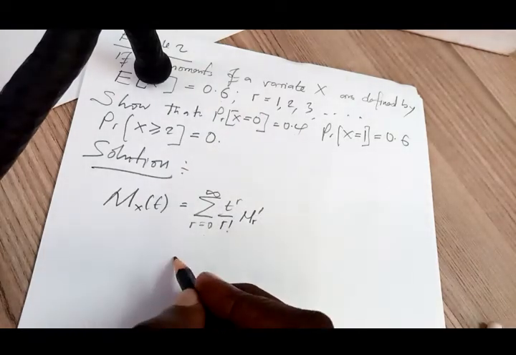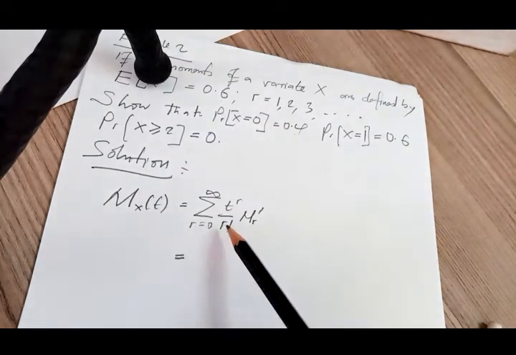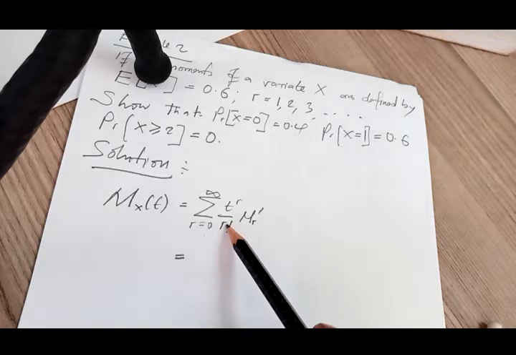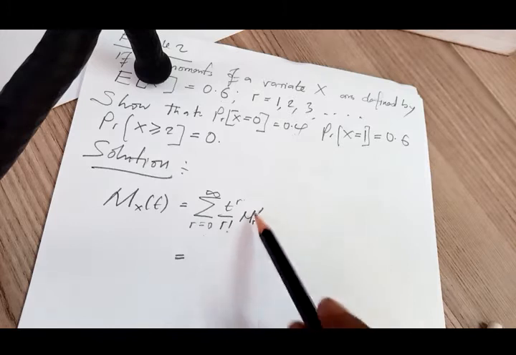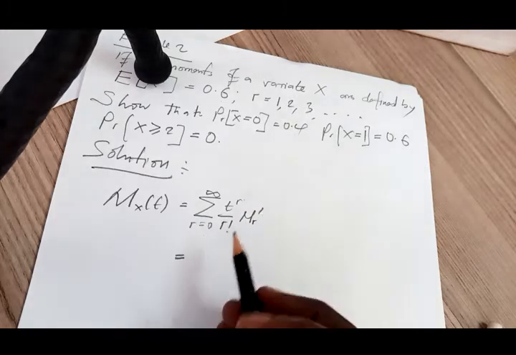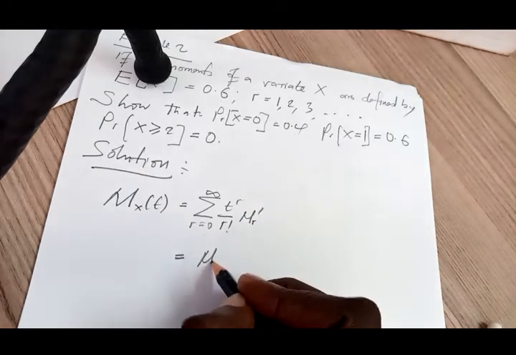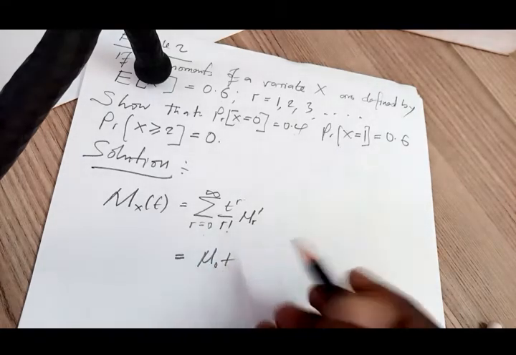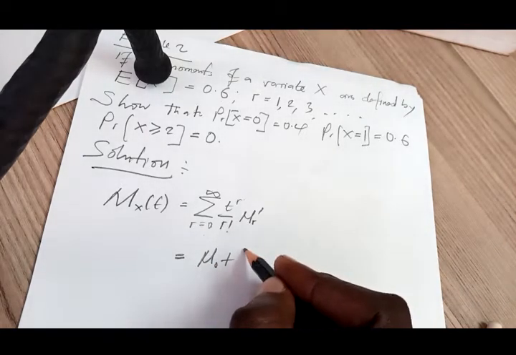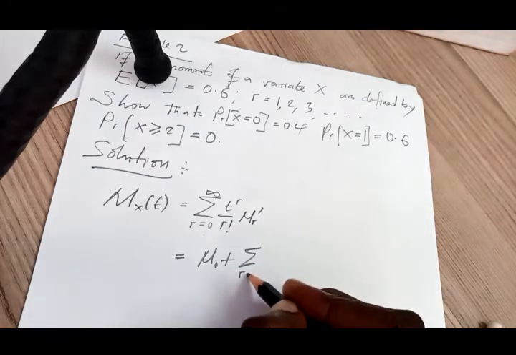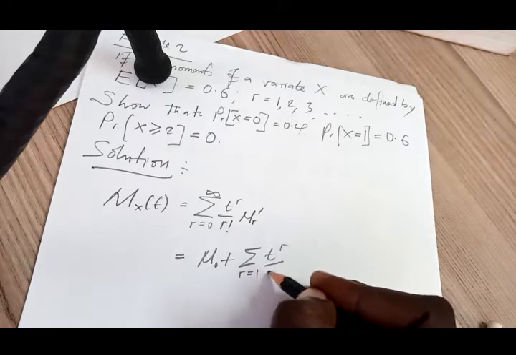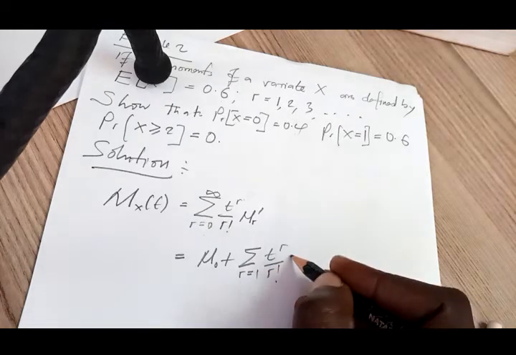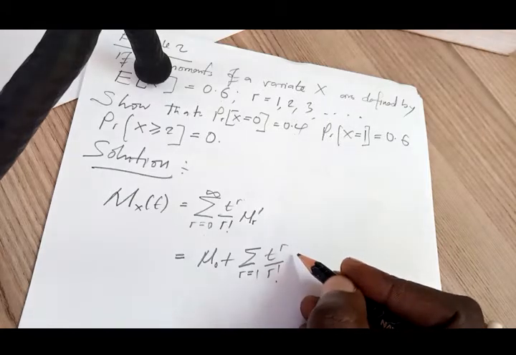So if we deliberately replace r by 0, r factorial is 1 and t to the power 0 is 1, meaning we have mu 0 plus the summation, as r now starts from 1, of t to the power r over r factorial, times mu r.